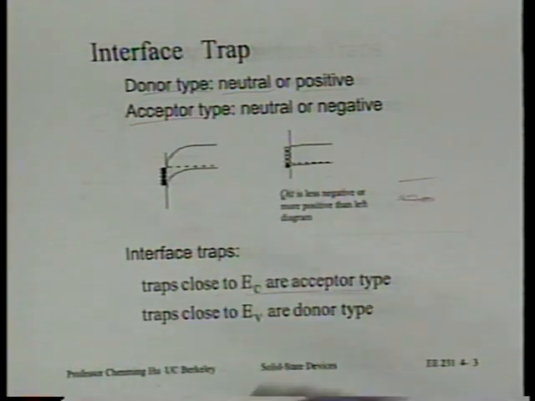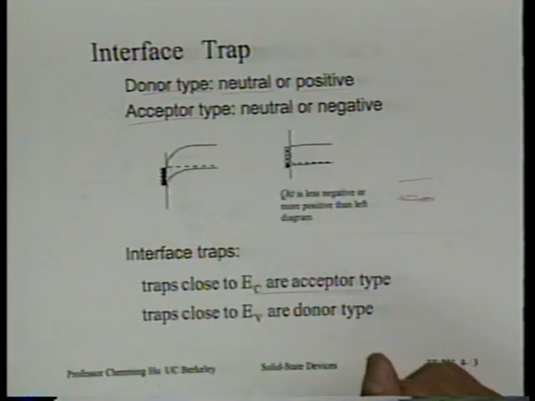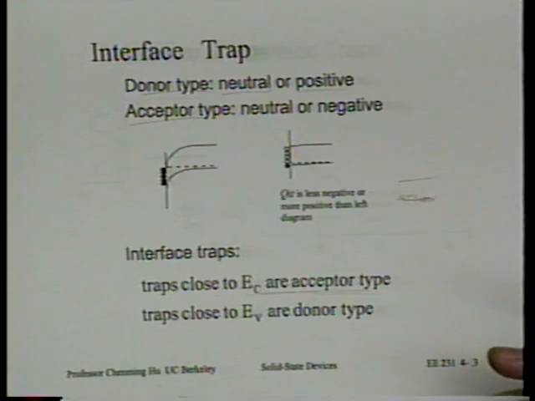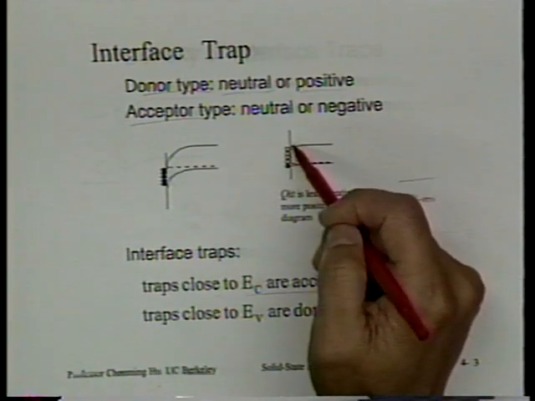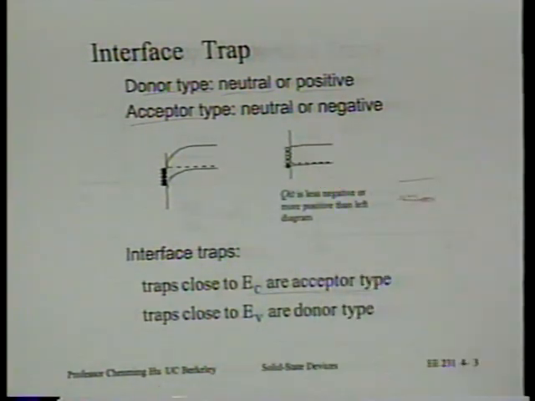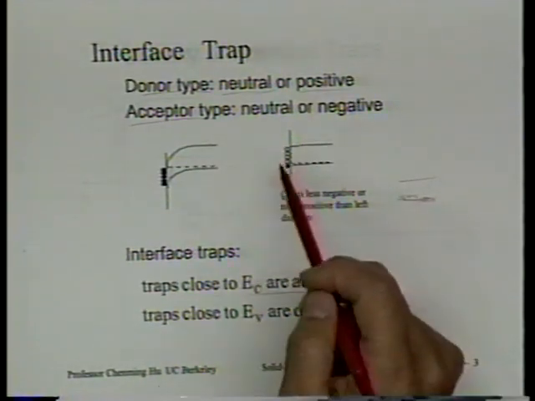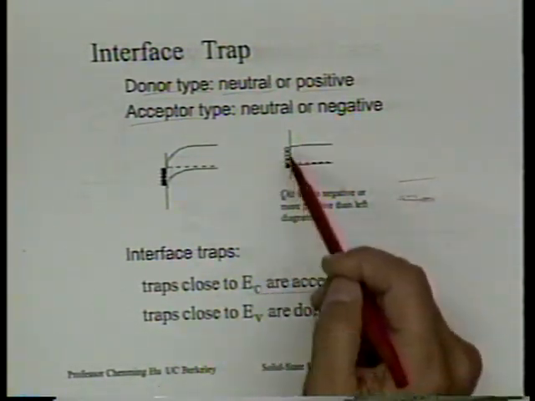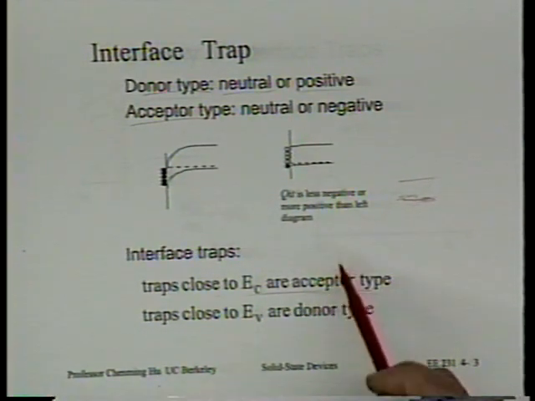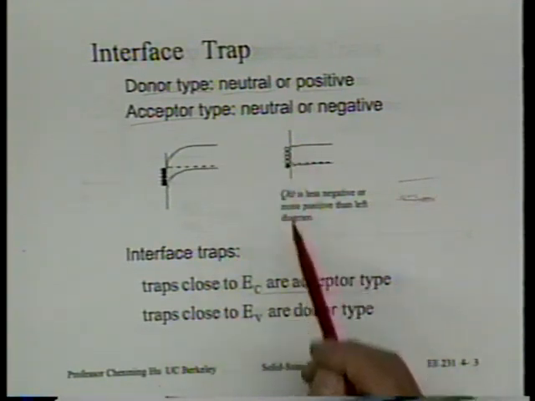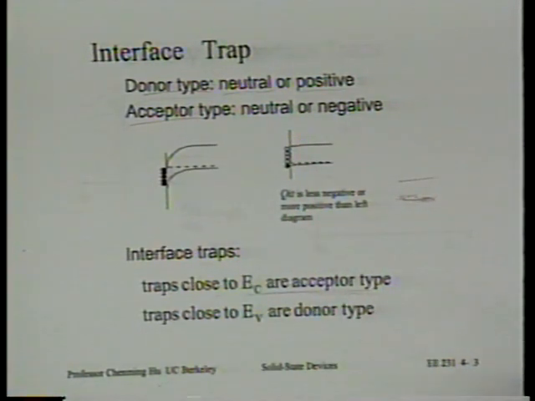They're probably more like capturing electrons, more like some extension of the conduction band. I'm not sure this is a good explanation, but to me that's the way to understand it: they're more like electron states, closer to the conduction band. So it's not that surprising that traps closer to the EC, in the upper half of the band, tend to be acceptor type. Traps located in the lower half of the band gap are donor type.